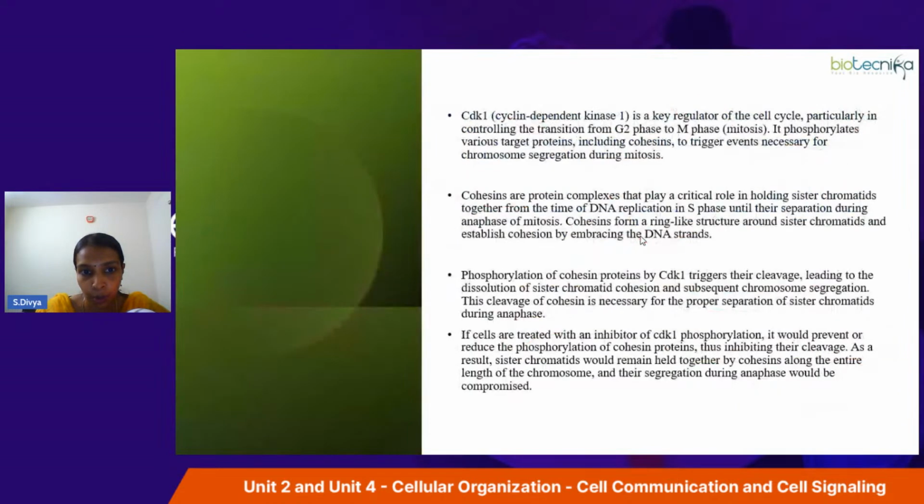Now, why is it true? We know that CDK is a key regulator of the cell cycle, particularly when we are moving from G2 to M phase, and it phosphorylates target proteins, including the cohesin. What are cohesins? Cohesins are responsible for holding the sister chromatids together from the time of S phase till their separation during the mitosis phase. So phosphorylation of cohesin by CDK1 will lead to dissolution of the chromatid linkage, and chromosome segregation occurs.